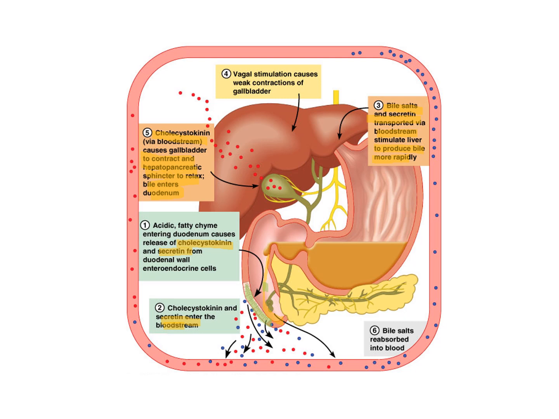The bile salts, I should add, will be reabsorbed into the blood to be transported back to the liver to be used again. There is this enterohepatic recycling of bile salts.